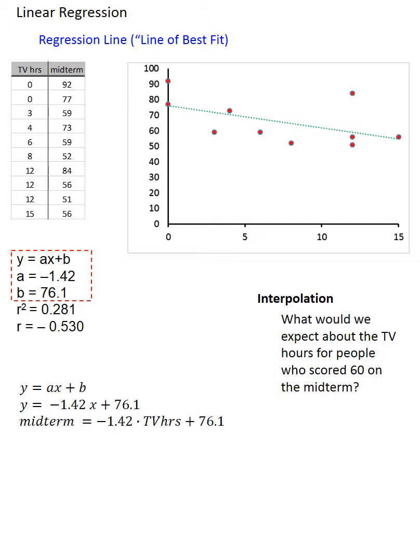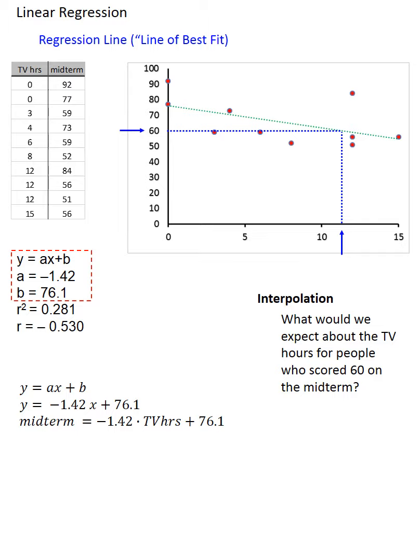Okay, now back to our interpolation about the people who scored 60 on the midterm in this population. We could say, well, here's 60. If we look over at the regression line and go down, a 60 on the midterm seems to correlate in some sense to maybe 12 hours of television.